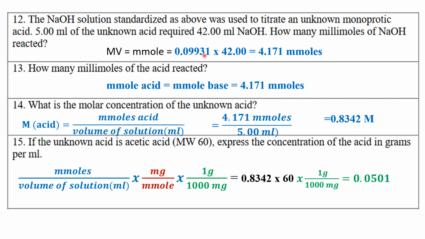Okay, so this is the average molarity as computed from the previous question, 0.09931 millimole per ml. So the unit here, remember this molarity is millimole per ml. 42 is in ml.